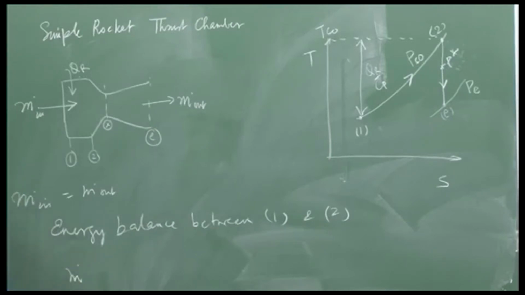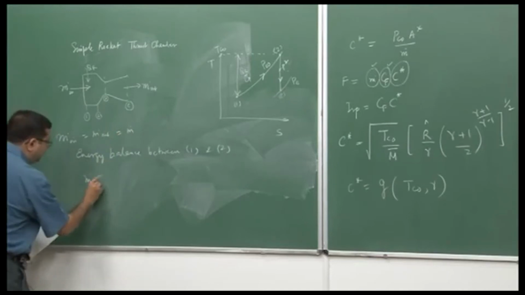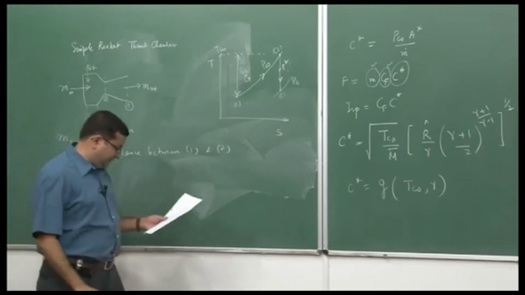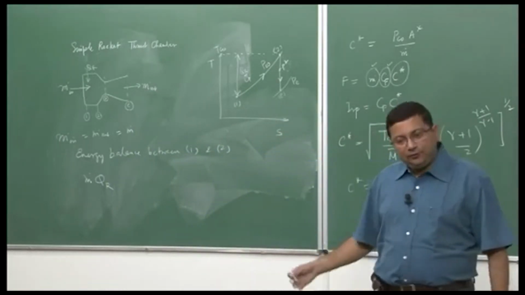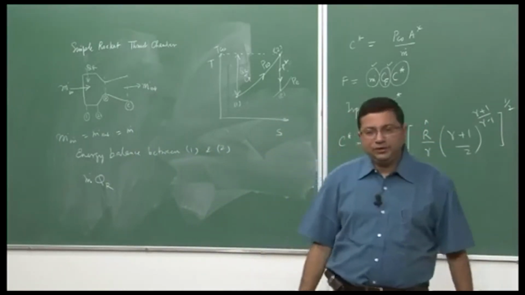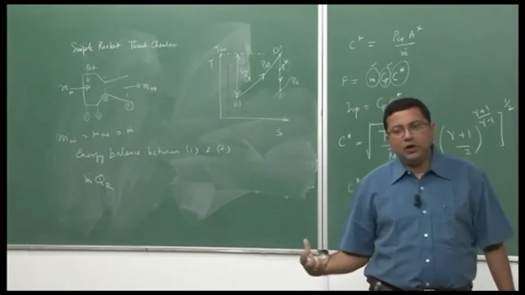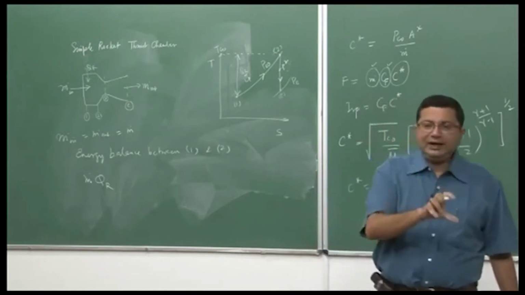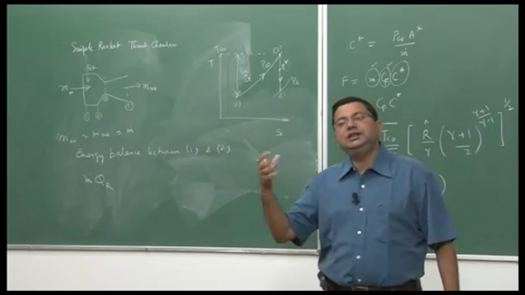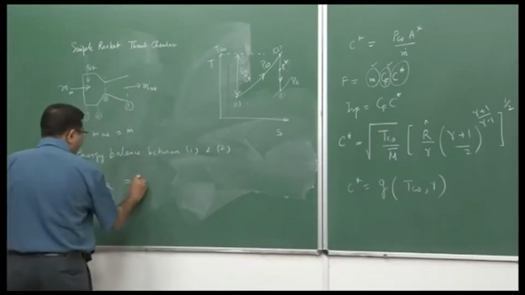The total heat added is m dot, which is the mass flow rate, times Q r. This is the total heat that is added, and then this is a flowing process. So, from the first law of thermodynamics, since there is no work, the only work is the PdV work. Therefore, the heat added is equal to the change in stagnation enthalpy.